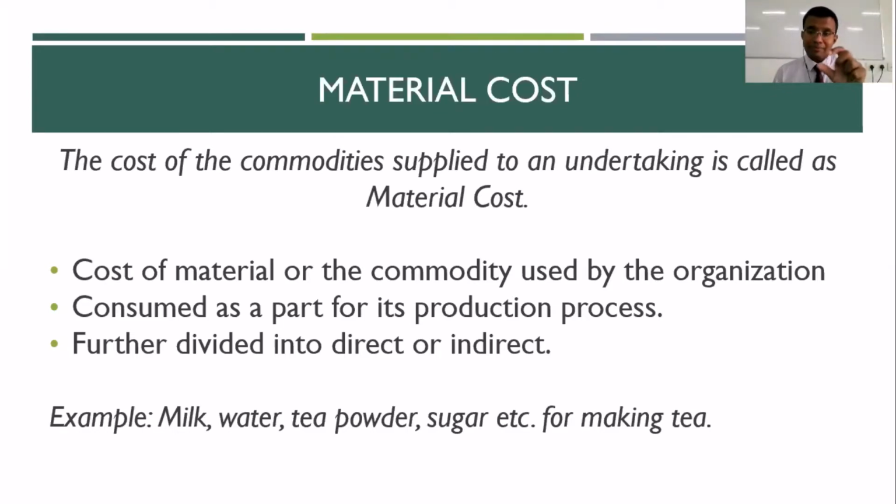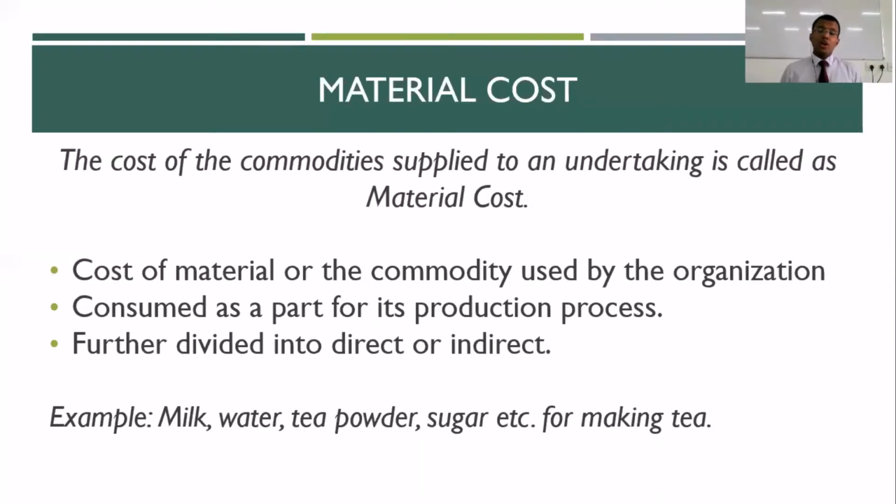If you'd like to add some seasoning, to make a masala tea, you may have to add some cardamom and cinnamon. All that would be there as a part of your production process. But with all these items, in the due process of making tea, eventually all of them will get consumed. All these items will end up getting used up. That is what is meant by material cost.